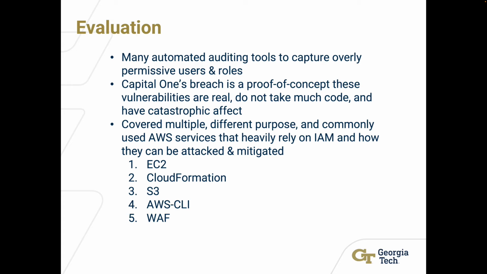AWS can be very versatile, and if you're a big company like Capital One with millions of customers, millions of people had their information compromised through that attack, it can really be hard to identify what service is really vulnerable. And I covered the following 5 services: EC2, CloudFormation, S3, AWS CLI, and the web application firewall. So we kind of got a cool gist of the different ways to attack IAM from tools that just do different things.